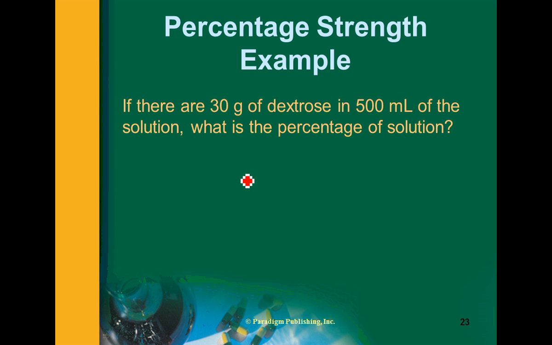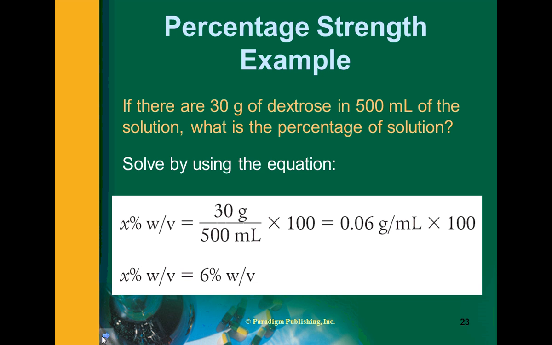This one can be done 2 different ways. The first one, you can solve the equation by just doing the weight and volume. You have 30 grams in 500 milliliters. You could divide 30 by 500, multiply it by 100, and you should come up with 0.06 times 100 equals 6%.